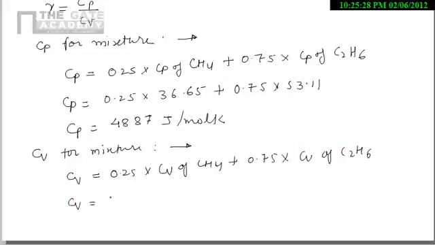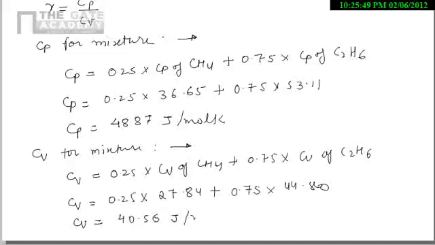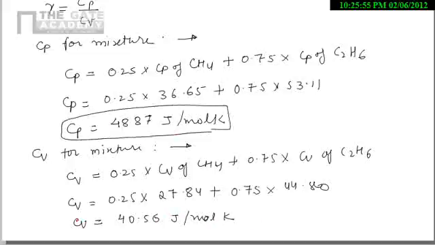Here Cv of mixture is 0.25 into 27.84 plus 0.75 into 44.80. So the Cv of mixture will come 40.56 joule per mole Kelvin. So now we have Cp of mixture and Cv of mixture.